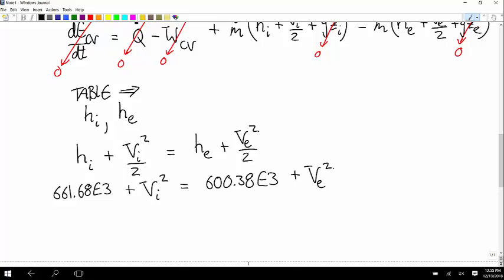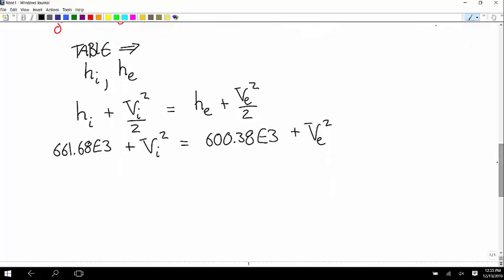Okay, so we can get a difference in the squares.